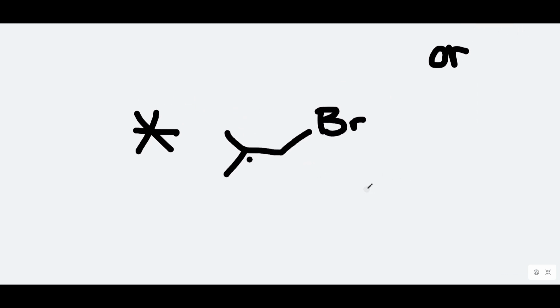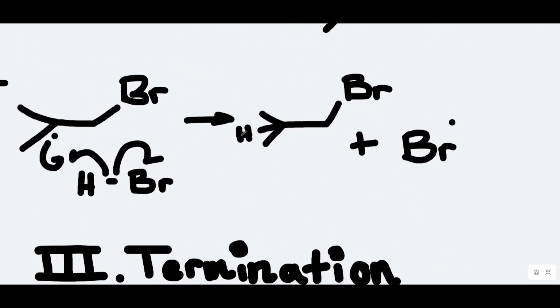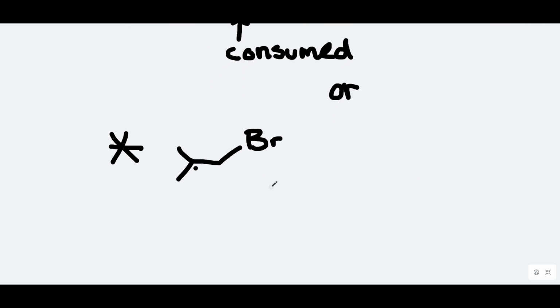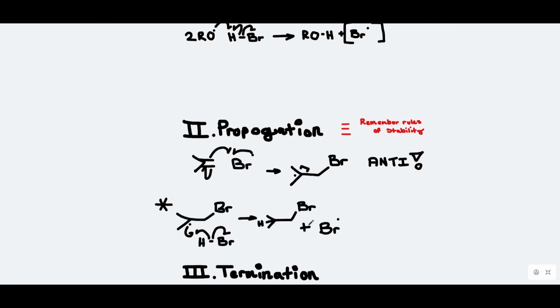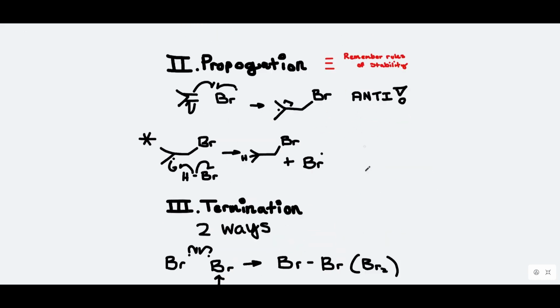So before, what we did is we cleaved the hydrogen from the HBr bond, and we added a hydrogen, giving us this product here. Obviously, we don't even have to show the hydrogen in this case. But remember that up here, we do have bromine radicals available to be used.